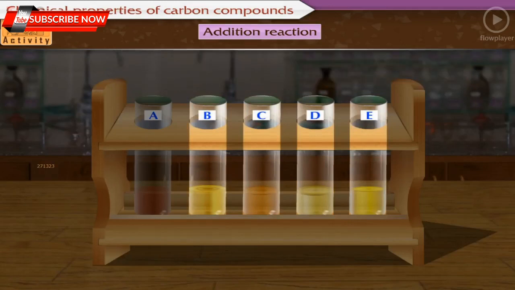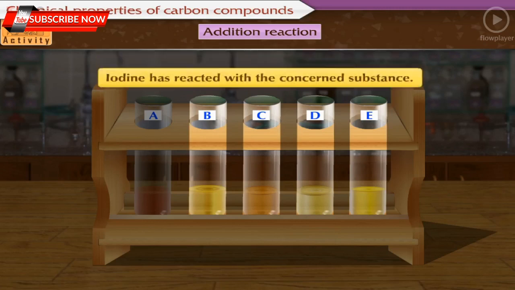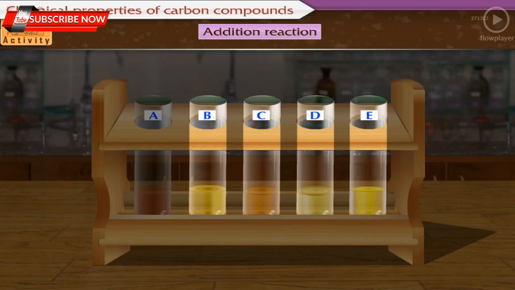From the vanishing of the color of tincture iodine, we understand that tincture iodine has got used up in the solution in the test tube, which means that iodine has reacted with the concerned substance. The name of this reaction is addition reaction.